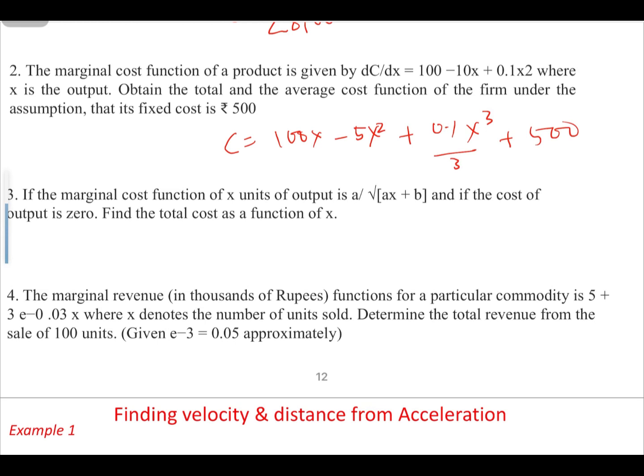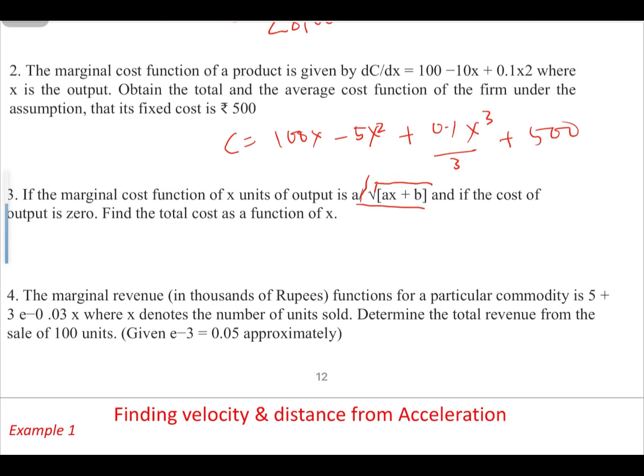The marginal cost has been given to you, and based on that, you'll be able to calculate the cost via integration, using the same process.